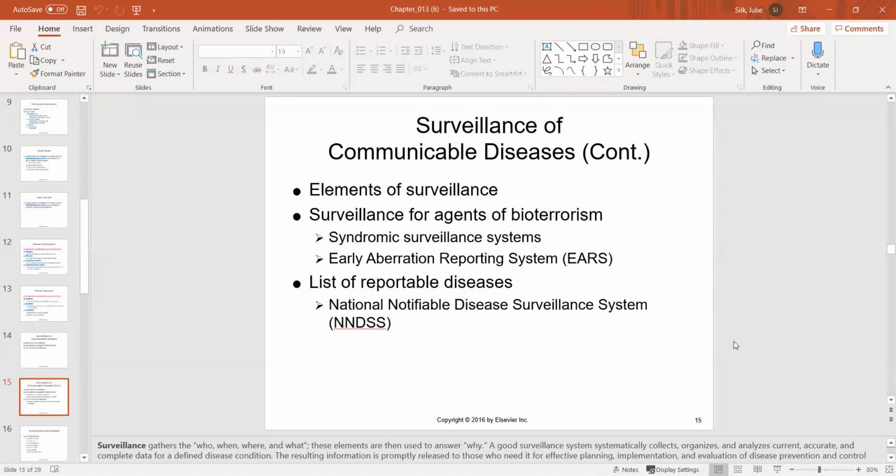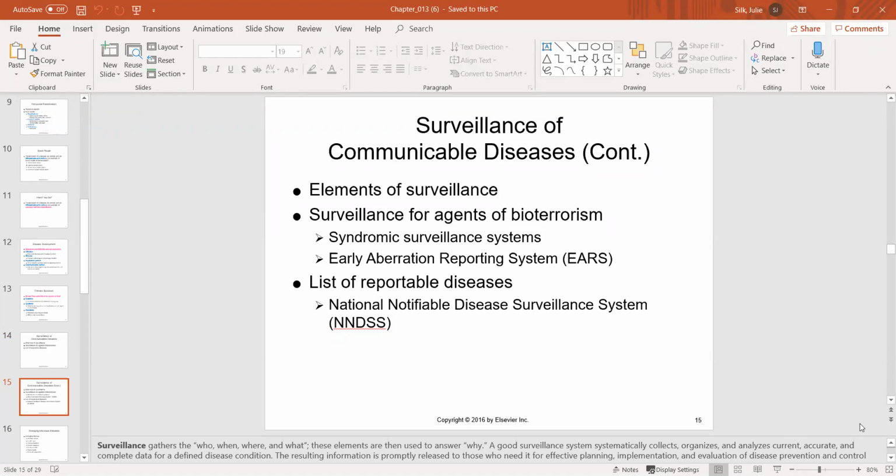Okay, so this is talking about some of those same things. When you do surveillance, you're just gathering the data. You want to know who has it, when they got it, where this was, and what exactly it was. These elements are used to answer the why. So a good surveillance system collects, organizes, and analyzes current, accurate, and complete data for defined disease conditions.